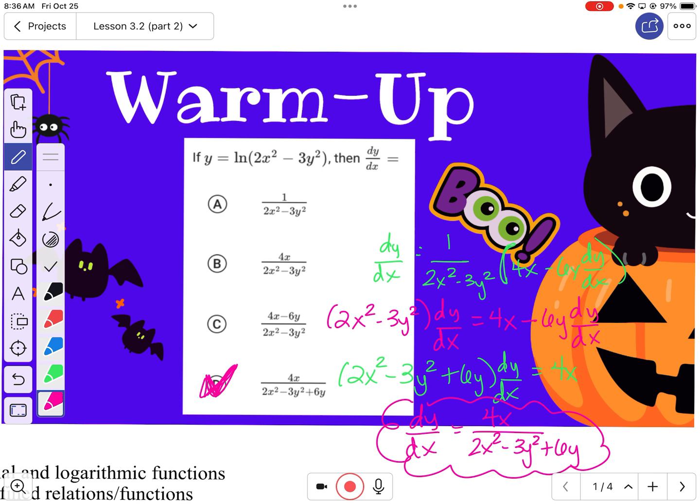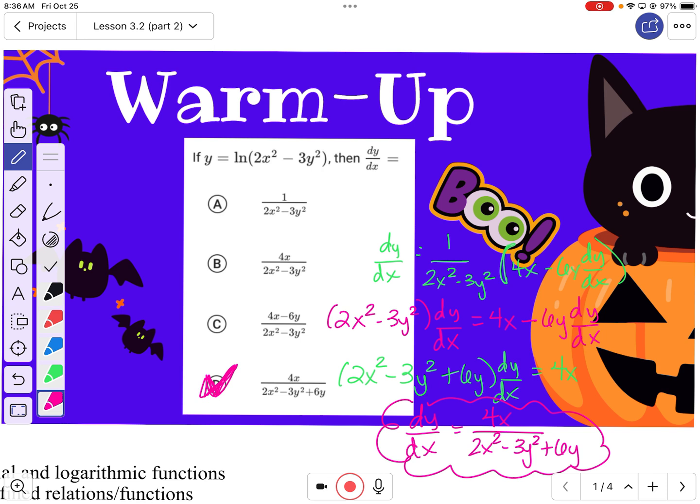Okay, well, let's take a look at this one. All right, the correct answer is D. Let's talk about why. When we do implicit differentiation on this one, they've already got y isolated. So the derivative of y is just dy/dx, and then the derivative of ln is a chain: 1 over 2x squared minus 3y squared, times the derivative of the bottom, which gives you 4x minus 6y dy/dx.